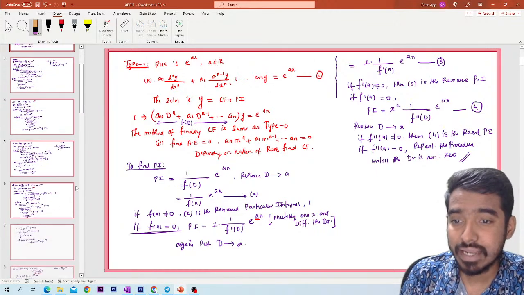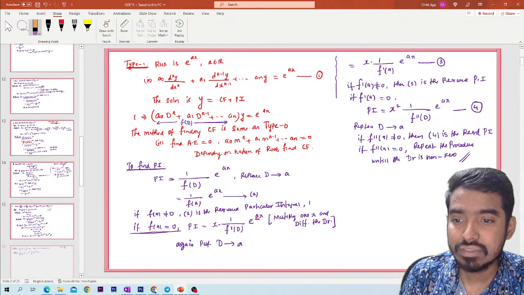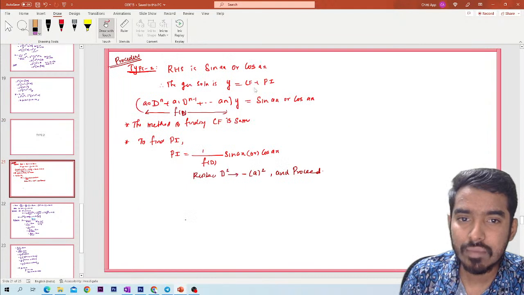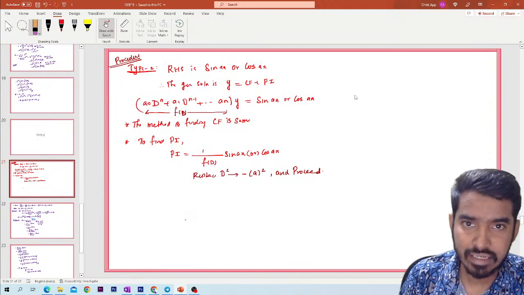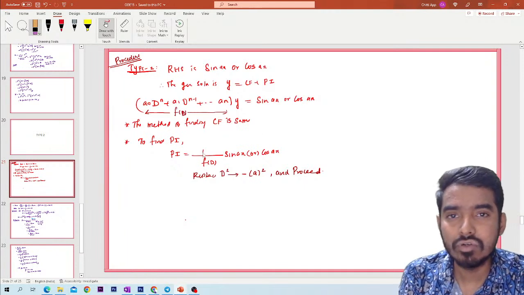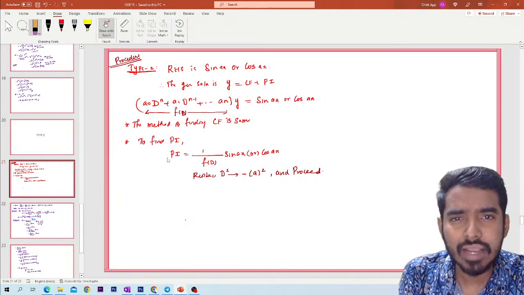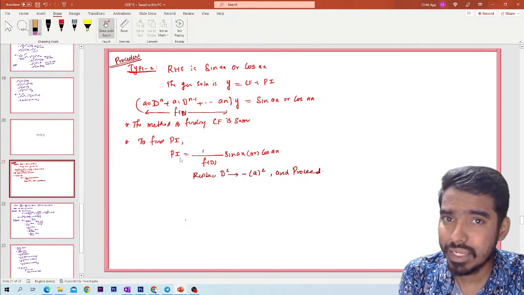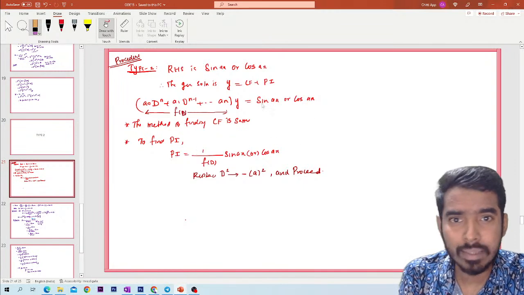Then we started type 2, where the RHS is of the form sin ax or cos ax. The solution is y = CF + PI. The method of finding CF is the same. The only thing is the method of finding PI, the particular integral, will vary depending upon the RHS.